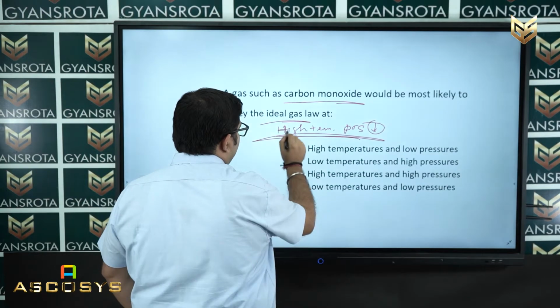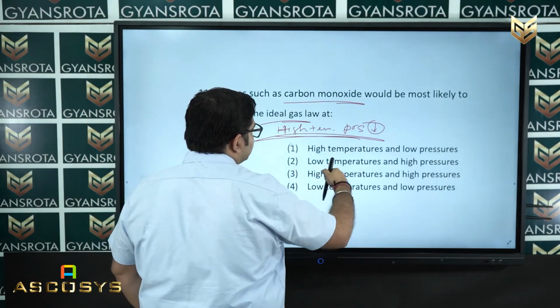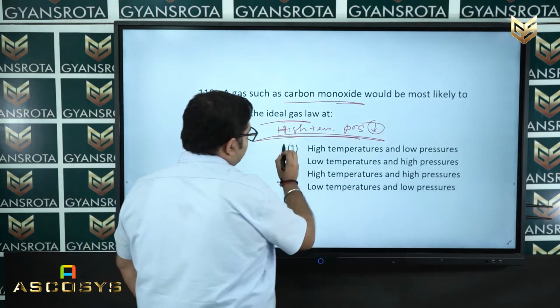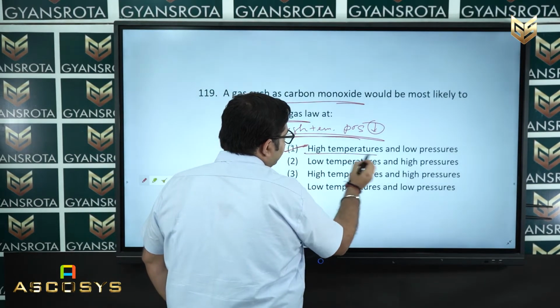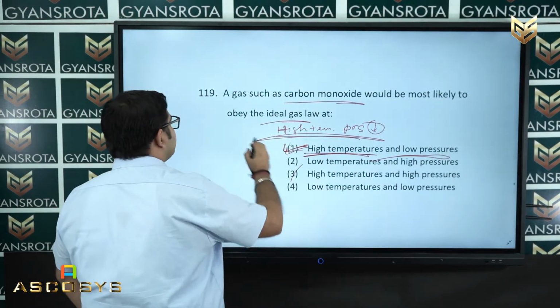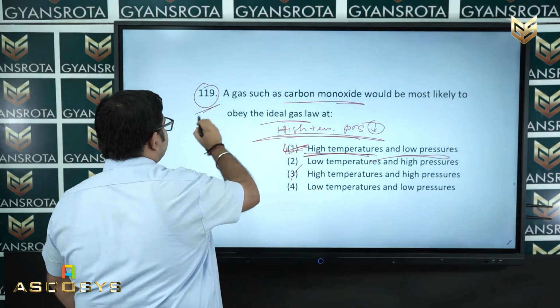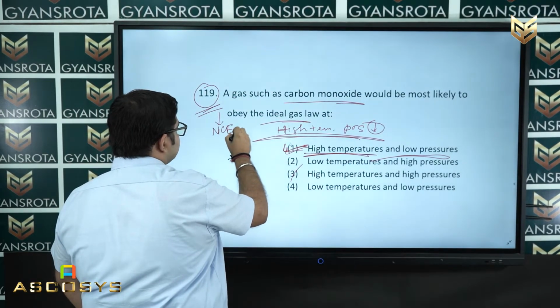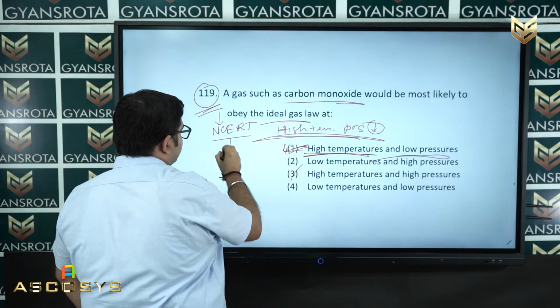It requires a high temperature and a low pressure. Now, if you see option number 1, they are giving high temperature and low pressure. So, this is the correct option for question number 119, and it comes directly from the NCERT statements of your states of matter.